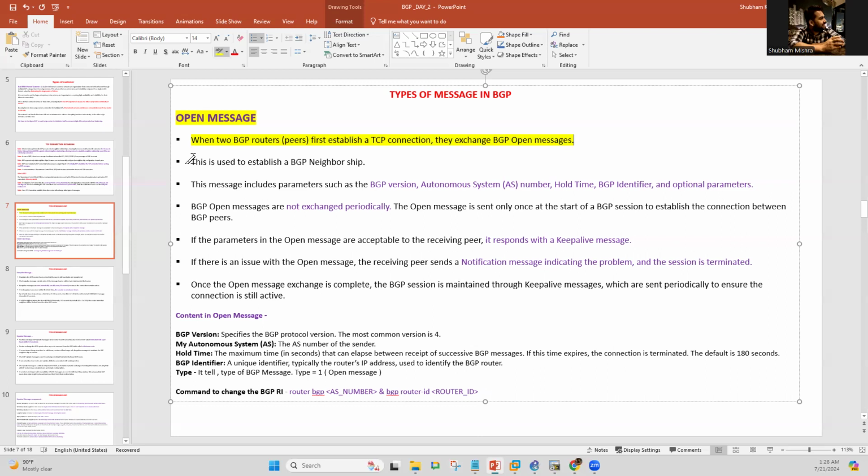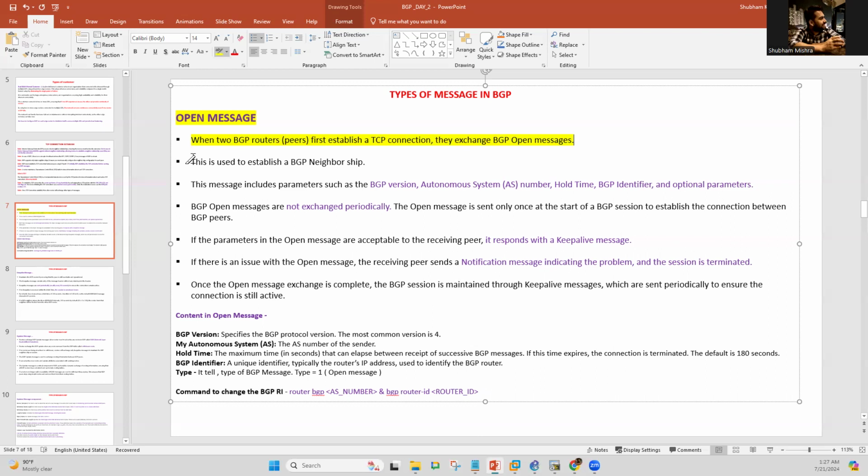Please remember this one. In case of BGP, routers exchange the open message only one time. But in case of OSPF or EIGRP, hello messages are exchanged after a certain period of time. But in case of BGP, never.